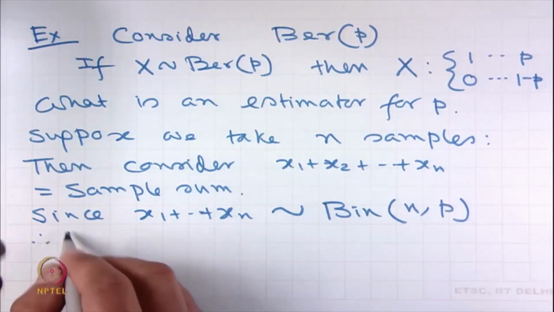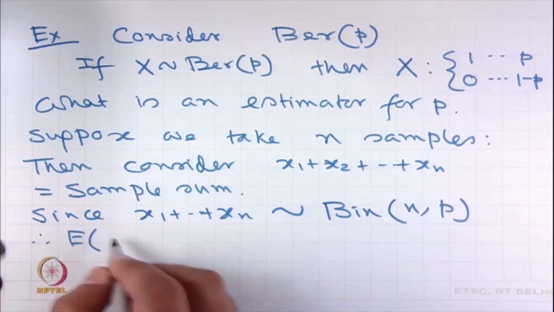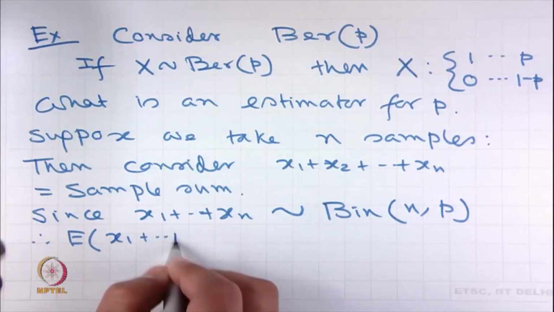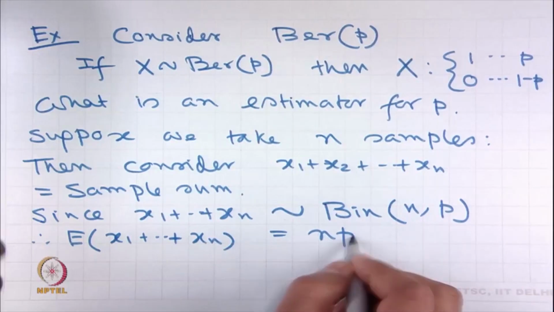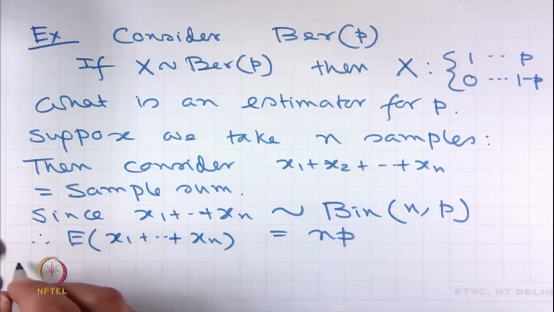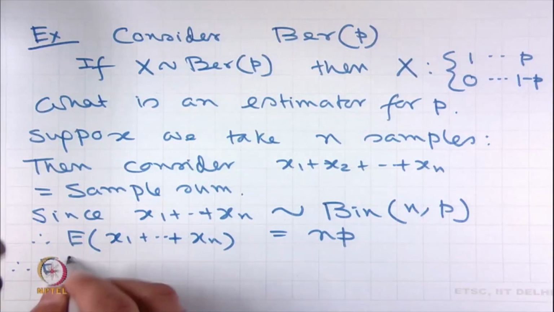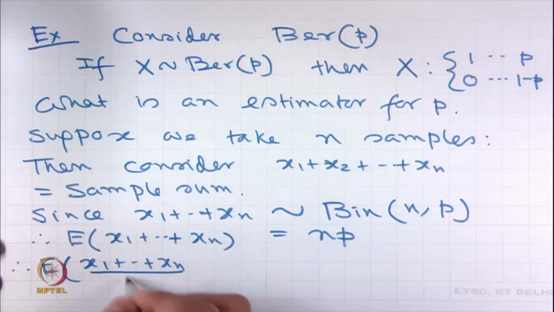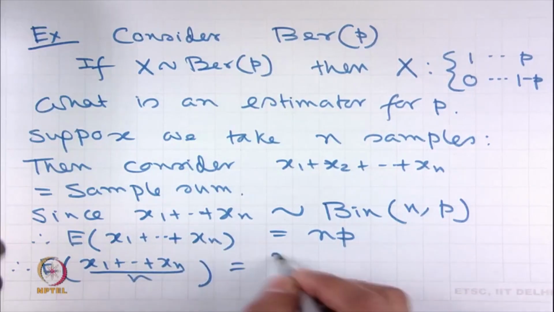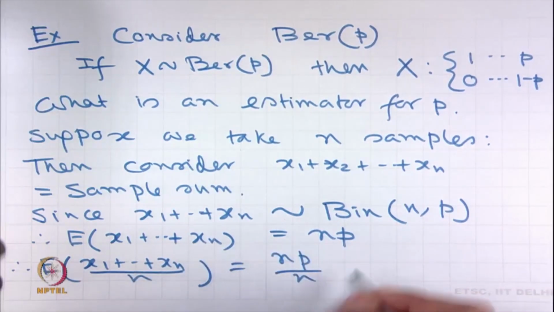Therefore, the expected value of x1 + ... + xn is equal to n p. Therefore, the expected value of (x1 + x2 + ... + xn)/n is equal to n p by n, which is p.